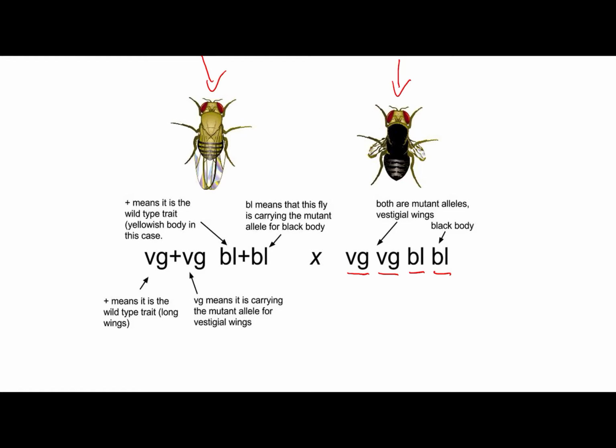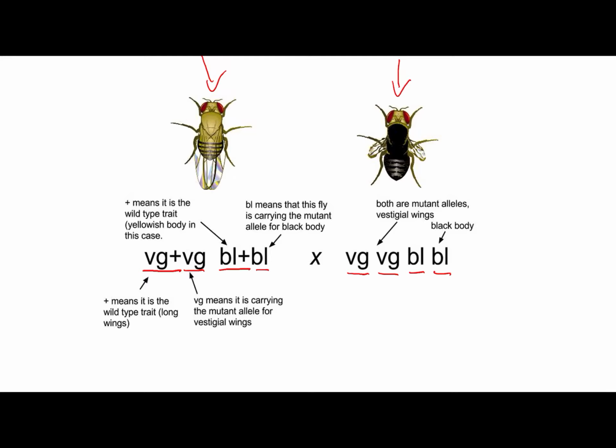And you can see the notation here. Instead of using a capital letter, they use VG+. So it's not vestigial wings, it's normal wings, but it also carries the vestigial wing allele as well. And this one here, BL+, is the dominant characteristic, so that will be the greyish yellowish body, whereas the recessive one here is the one for black body.